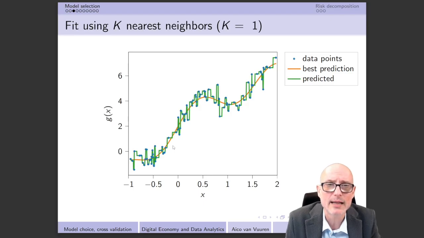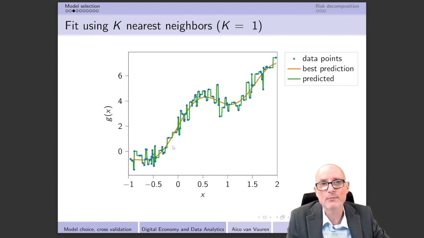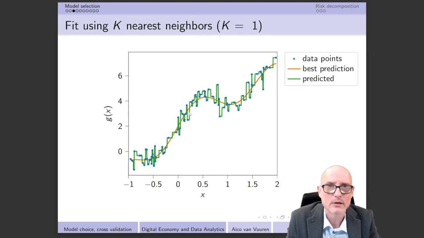And then of course it is easy to predict, because if I already know what I have to predict, the only thing I have to do to get the best prediction is just predict the point itself. And that's exactly what we see when we look at the training risk for k equal to 1. But we should take into account that that's not really the nice way of predicting, because this is actually cheating.